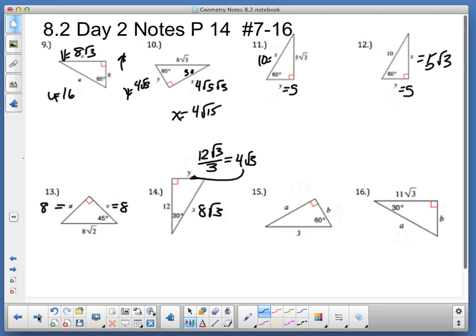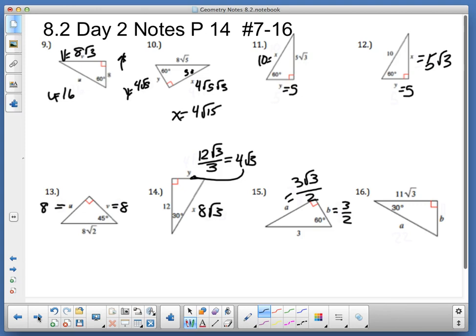Now I'm looking at 15, and I have the value of 3. To get to my short leg from the hypotenuse, I cut the hypotenuse in half, and it's 3 divided by 2. I take my value of b, 3 divided by 2, multiply it by the square root of 3, and I get my longer leg, 3 square root of 3 divided by 2.